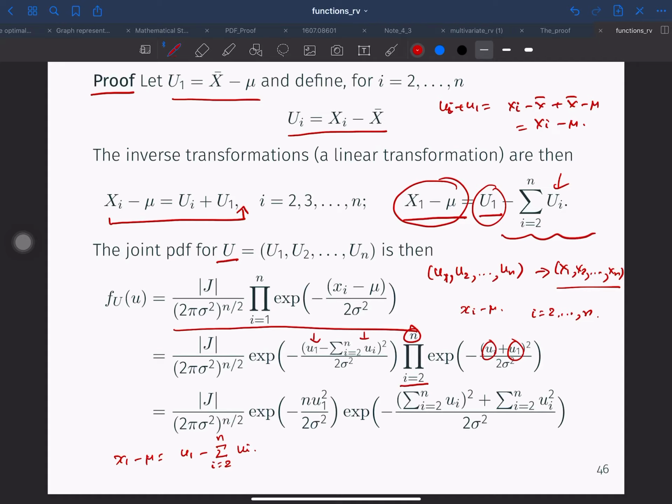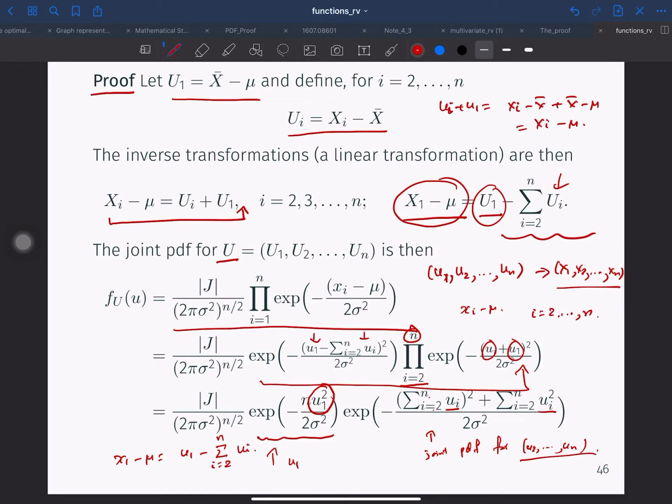And now if you simplify this out, you will see that this product can be factored into two terms. One term depends only on u1, and the other term depends on the sum from 2 up to n of the ui. So the joint PDF factors into the product of one PDF for u1 and another joint PDF for u2 up to un.